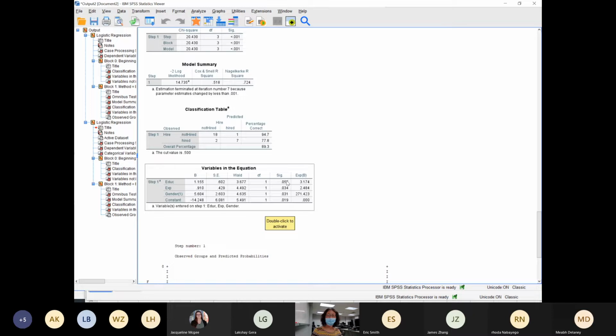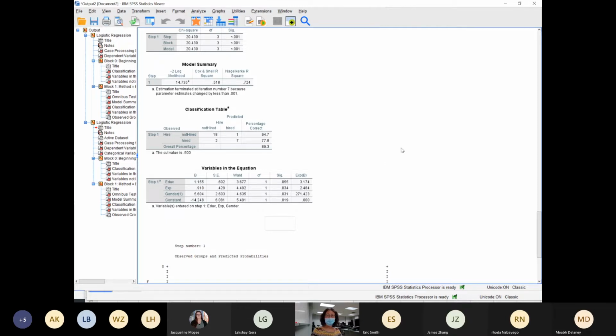And experience is significant because the p-value is 0.03. Gender is significant, 0.031. Because education is not significant, I want to delete the education variable and rerun the logistic regression.